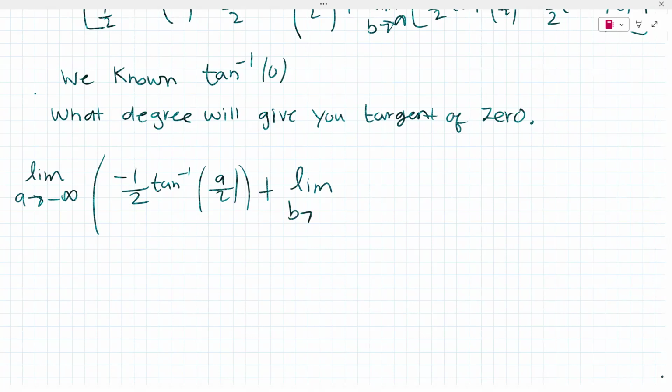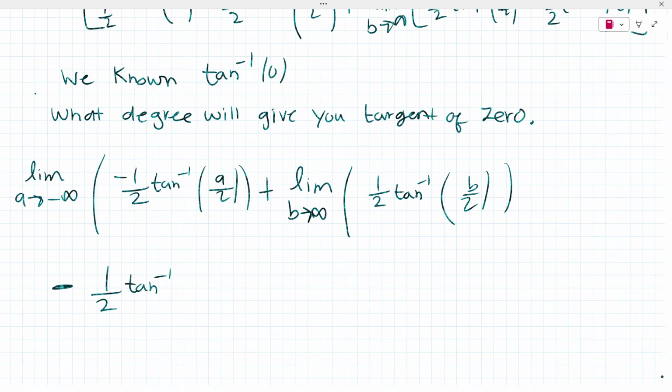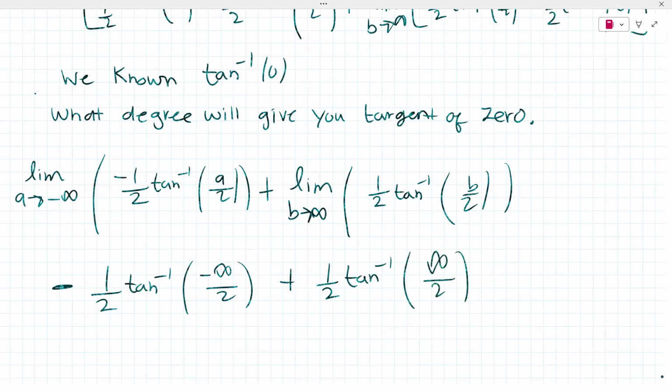And as b approaches infinity, of 1/2 tan inverse of b over 2 minus 1/2 tan inverse of negative infinity over 2 plus 1/2 tan inverse of infinity over 2, minus 1/2 tan inverse of negative infinity plus 1/2 tan inverse of infinity.